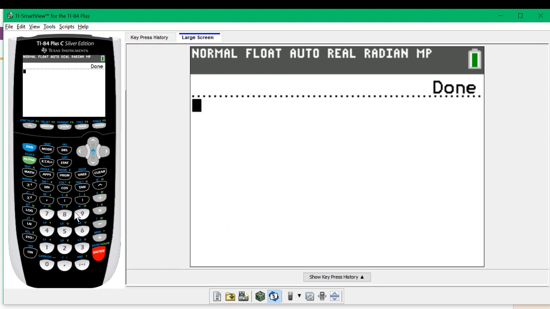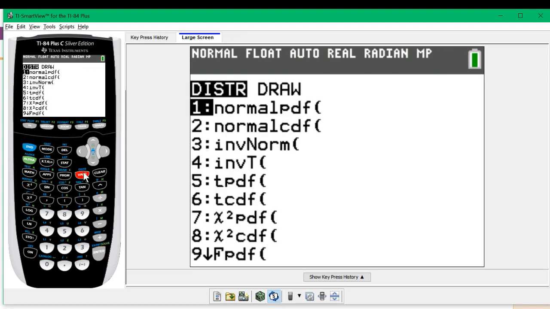Also remember that you're probably going to have to memorize that if we have a 70% confidence interval, that means the tail areas are both 0.15. So if you wanted to use the old way, you can use second distribution inverse norm.